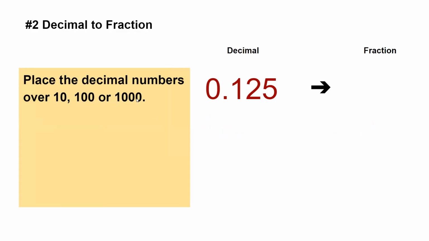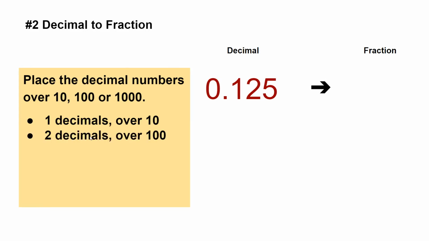And the number that we choose is going to be based on the number of values we have. 1 value to the right of the decimal point, we would choose the number 10. 2 decimals, the number 100, and 3 decimals, the number 1000. And we have 3 here, so that's what we will use in this example.